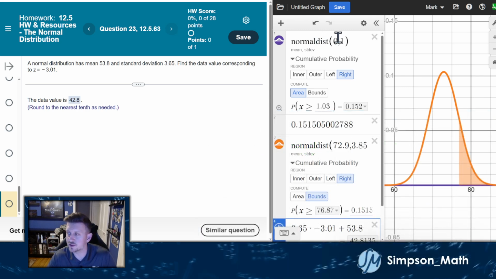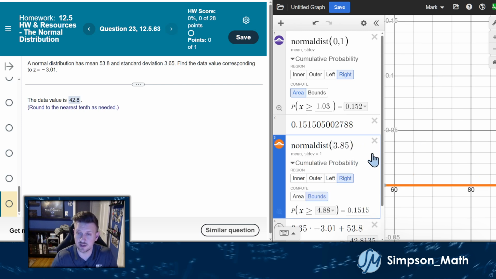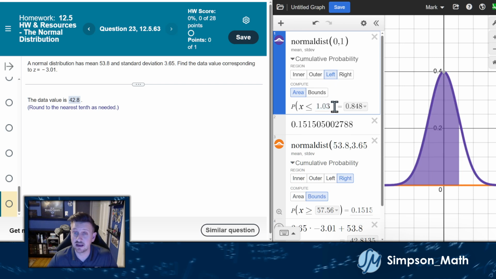All right, or we can do what we did a second ago. So I have my normal distribution here. I have my z-score one up top in purple. I'm going to leave my orange one to be the number in context, 53.8, the mean, standard deviation 3.65. I'm going to find the area. Just to be clear, let's go to the purple. I'm going to do the area to the left of negative 3.01, which is going to be a really tiny number.